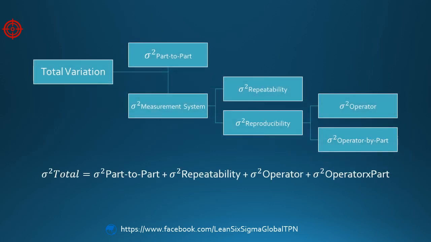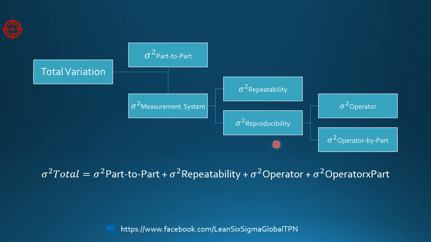We can use this tree to build the equation for total variance. The total variance is the sum of the part-to-part variance and the measurement system variance. And the measurement system variance is the sum of the repeatability and reproducibility variance.